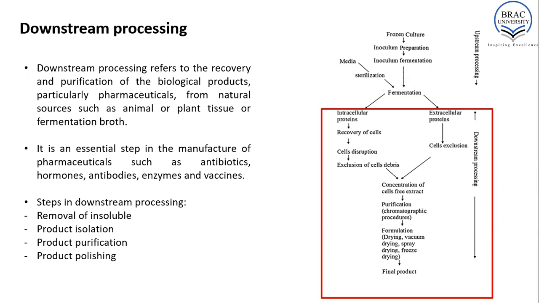It can also be disrupted by a process called homogenization, or by agitating the cells. In this way, we can break the cell wall and release the product of interest if the product of interest is intracellular.